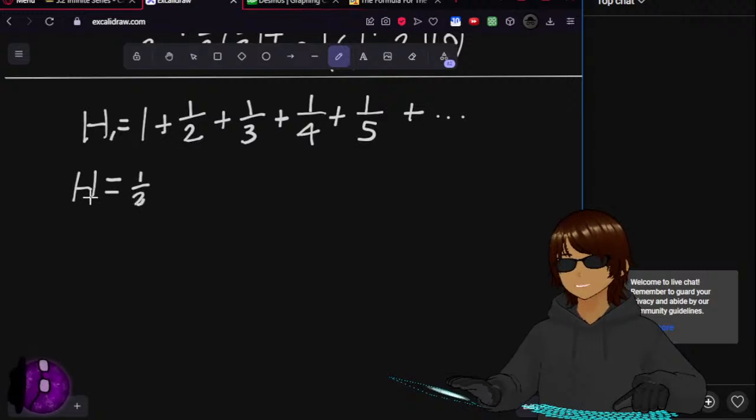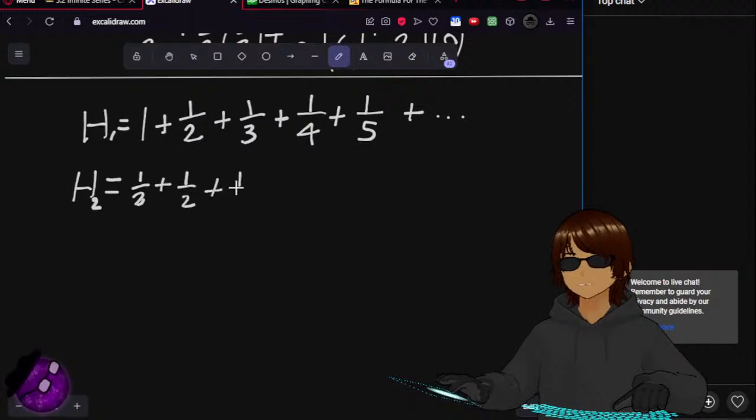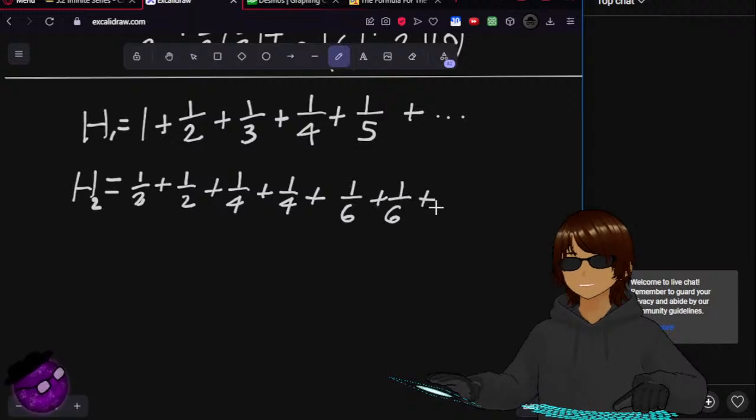So this is h1, this is h2. Half plus half, plus 1/4 plus 1/4, plus 1/6 plus 1/6, and so on. These new terms, like before it was 1 plus half, now it's half plus half. The changed terms are lesser than the terms over here. So h2 is lesser than h1.